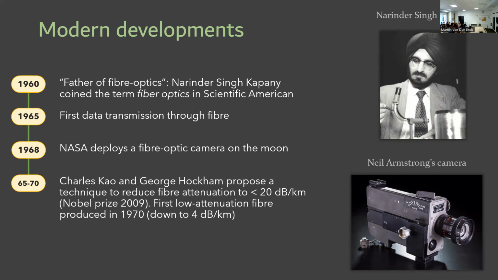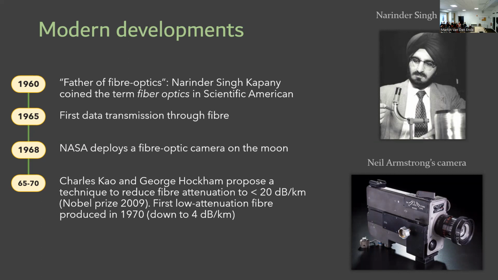But at this point, transmitting data through fiber optics was limited to relatively short distances. That was because fiber still had relatively high attenuation, so your signal degrades quickly over longer distances.